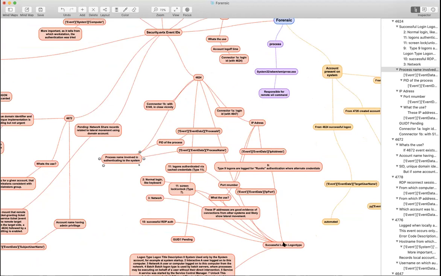There is something called logon type, which tells you how the attacker, or anyone, logged into the system. Suppose in the event entry you see logon type 10. It tells you there was an RDP, remote desktop protocol, based connection to that system. If you see logon type 2, that means the attacker or the employee actually typed from the keyboard.